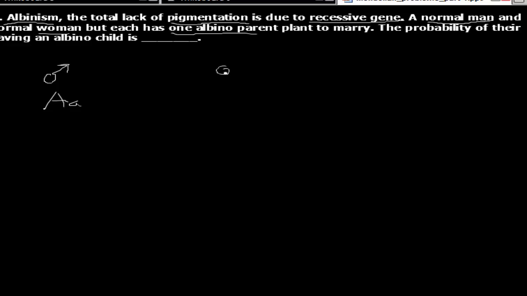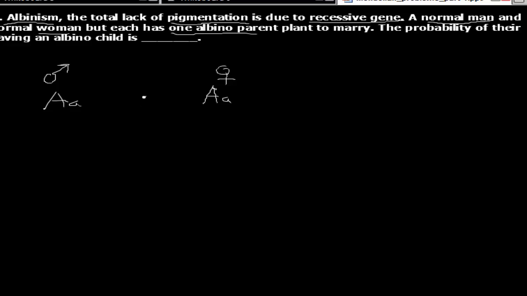Similarly, the genotype of female will be again heterozygote, since at least one of their parents was albino. Since albinism is an autosomal gene, one of the parents is always going to transmit that gene to their children, and the children are normal. It means that this particular genotypic constitution in them is heterozygous.